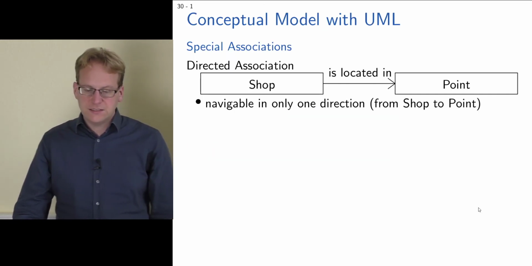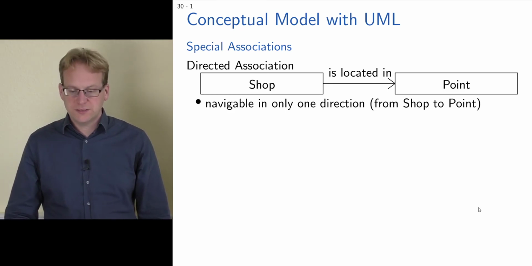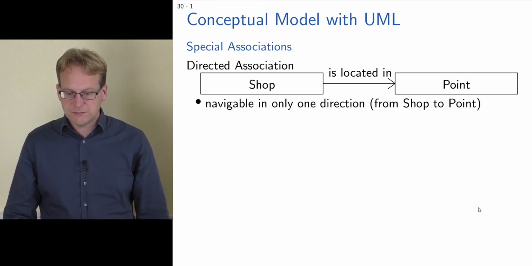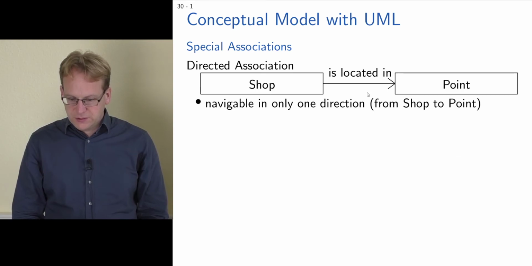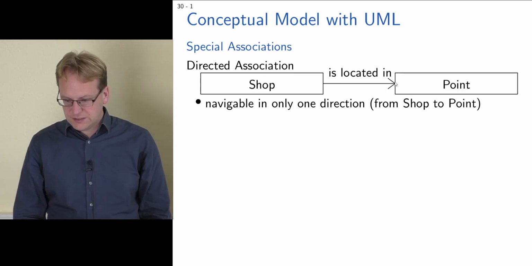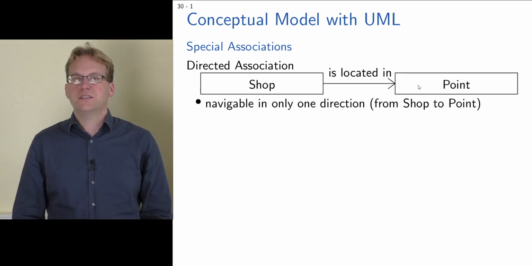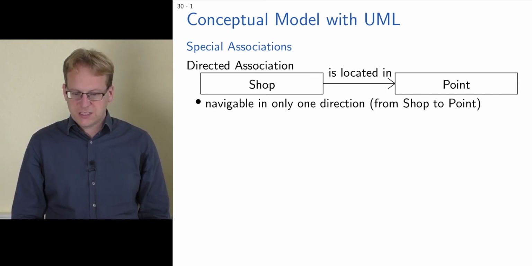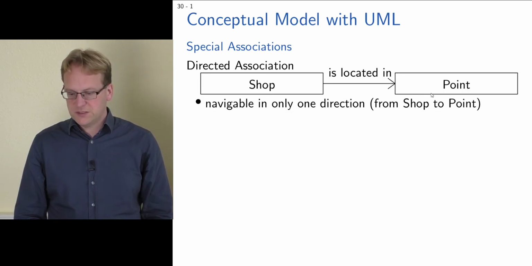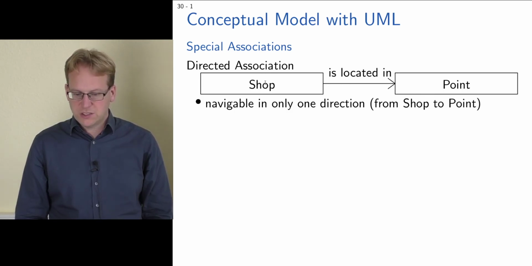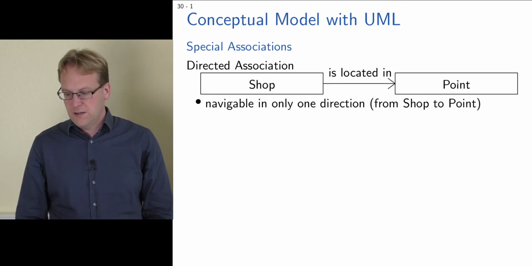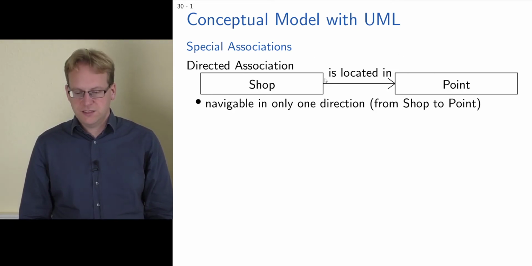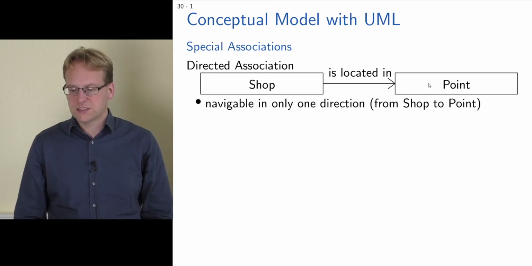But there are special line symbols used in UML class diagrams, for example, to say that some of these associations can be navigated only in one direction. So if we have a shop object, we can see where this shop is located because each shop is located in some point object. So this is navigable in one direction.